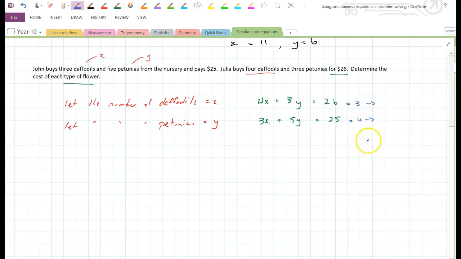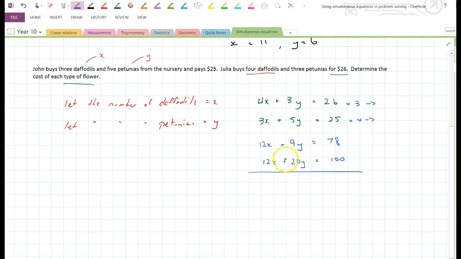So I'm going to get 12x plus 9y equals 26 3s are 78. I think. Okay, so that's that one. Now I'm going to multiply this equation by 4. So I get 12x plus 20y is equal to 100.